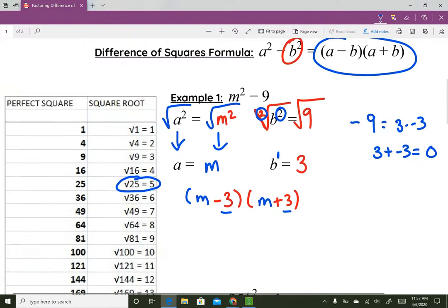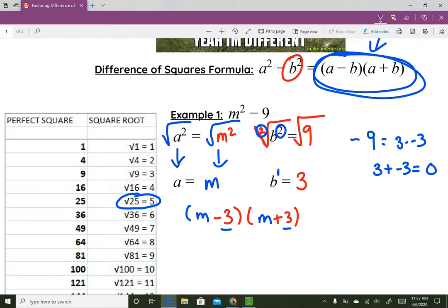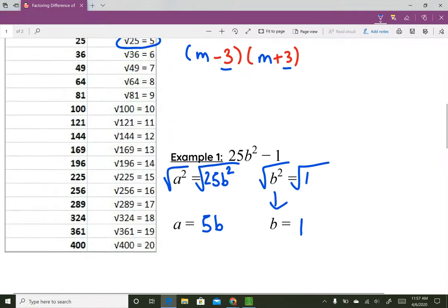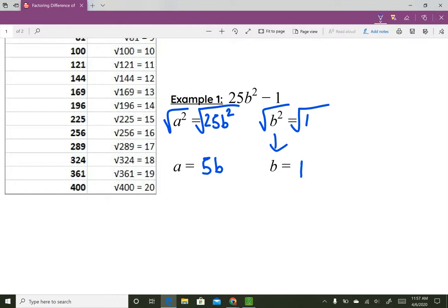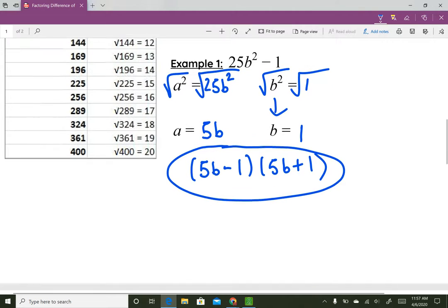So now all I have to do is plug it into this: a minus b, a plus b. What's my a? My a is 5b. I have minus 1, and then I have 5b plus 1. And that's my answer.